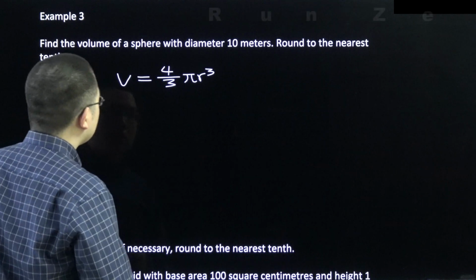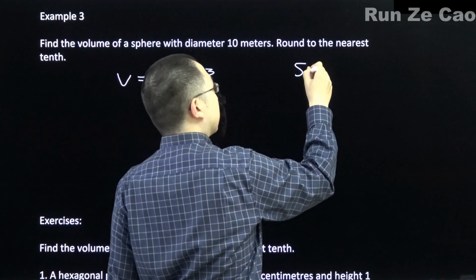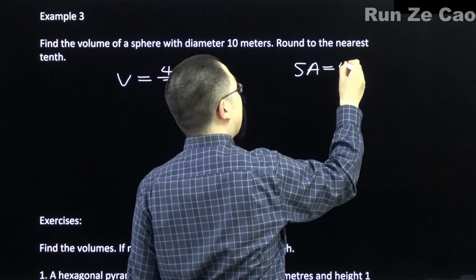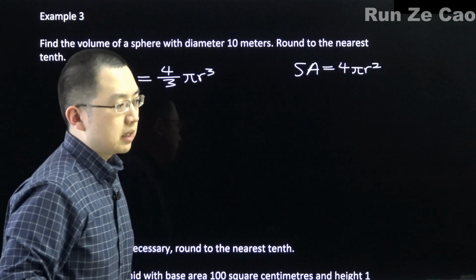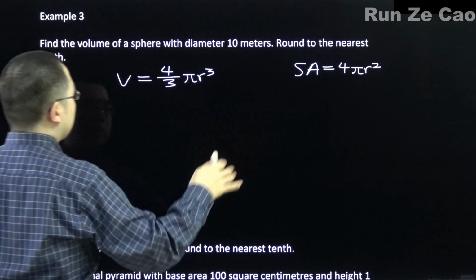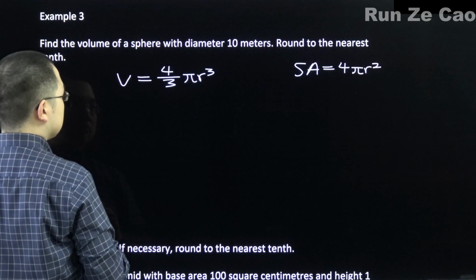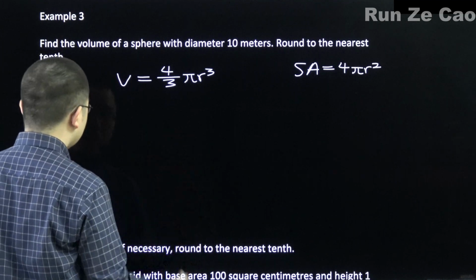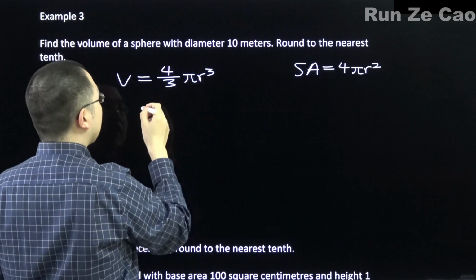That's assuming you don't already have it memorized. The surface area, by the way, of a sphere is equal to 4 pi r squared. Yeah, that's another story. The derivation is complex. This one, well, okay, the derivation is also complex, but yeah, you just need to memorize these formulas.